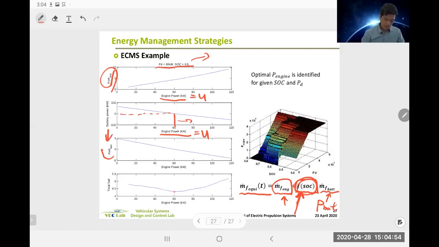So you convert using coefficients, and this battery fuel is this total cost, right? So if you add this term and this term, then you get this total equivalent fuel.